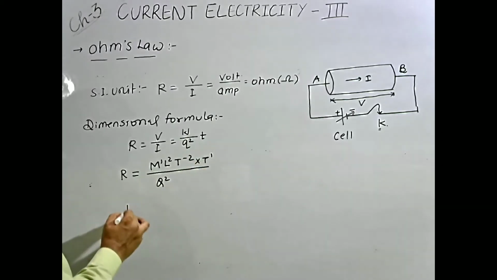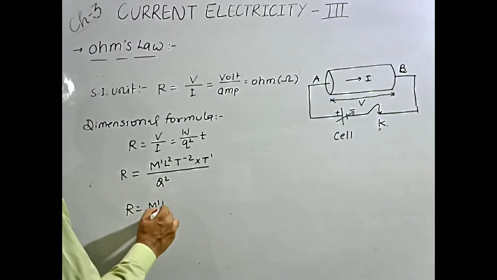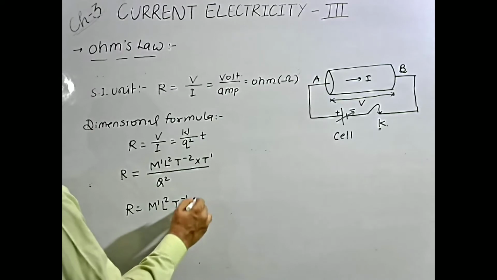So the dimensional formula of resistance is M1 L2 T-1 Q-2.